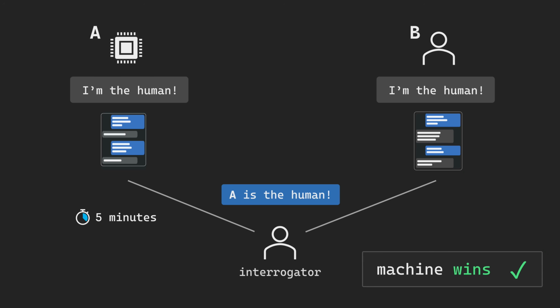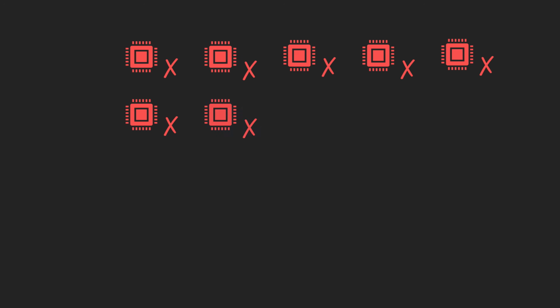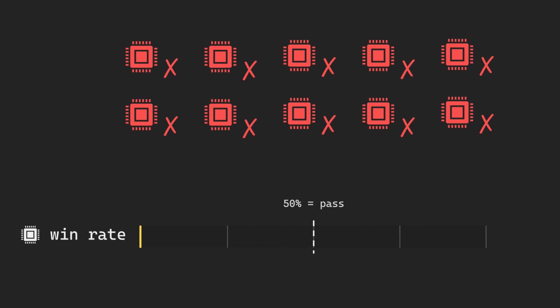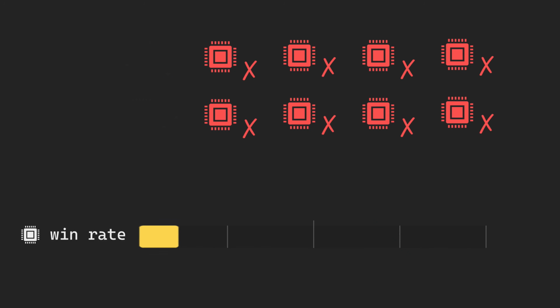And one round isn't enough. A judge or machine can simply get lucky. So, you run a lot of them with many different judges and different people and count how often the machine gets picked as the human. That's the win rate. If it fools nobody, the win rate is 0%. Tricks 2 judges in 10, 20%.